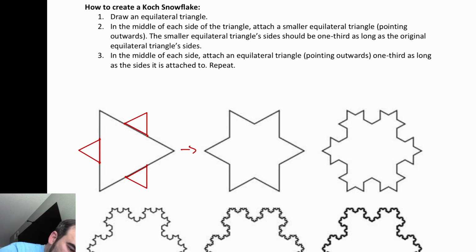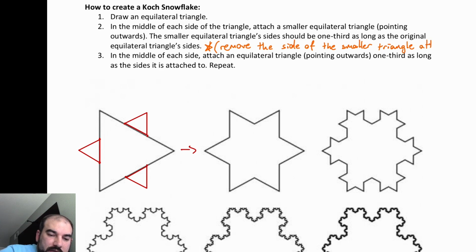We're going to add a little step here that says remove the side of the smaller triangle attached to the previous side.